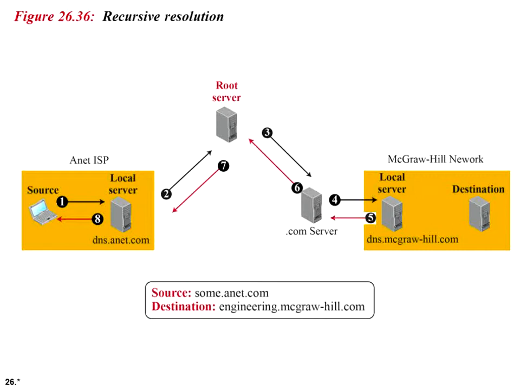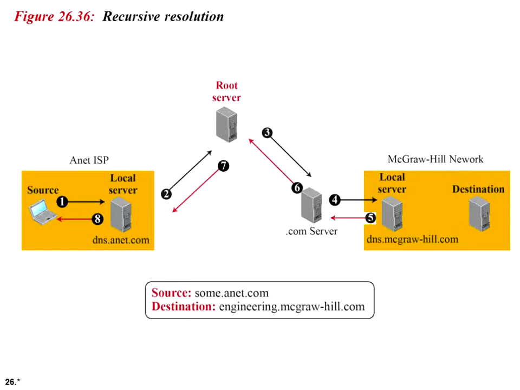The resolver accesses the closest DNS server with a mapping request. If the server has the information, it satisfies the resolver. Otherwise, it either refers the resolver to other servers or asks other servers to provide the information. After the resolver receives the mapping, it interprets the response to see if it is a real resolution or an error, and then it finally delivers the result to the process that requested it.